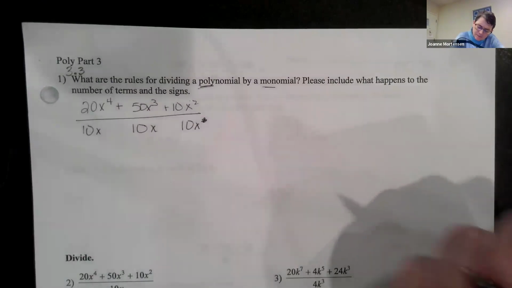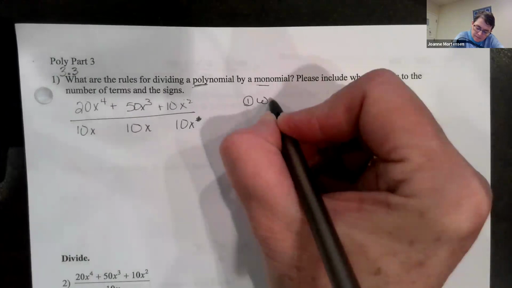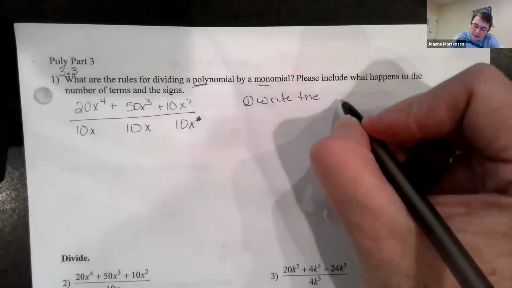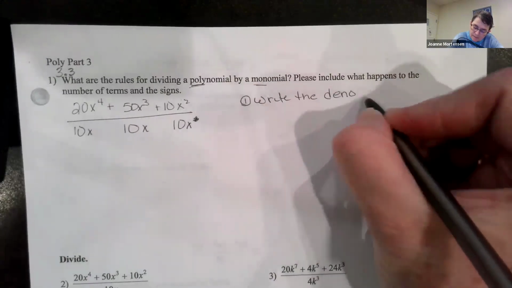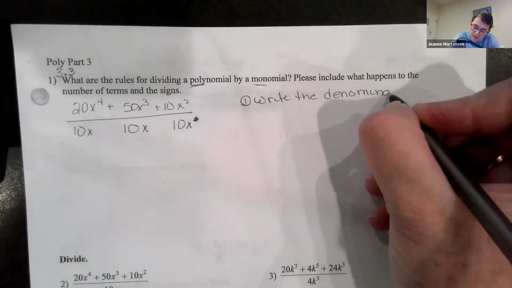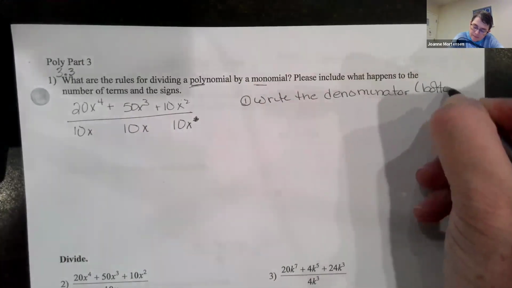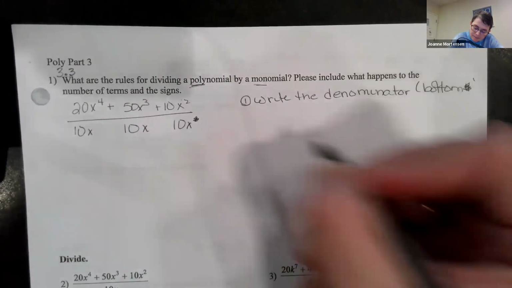So what are the rules? Rule 1: I'm going to say denominator because it's a fraction form, so that's a bottom term.